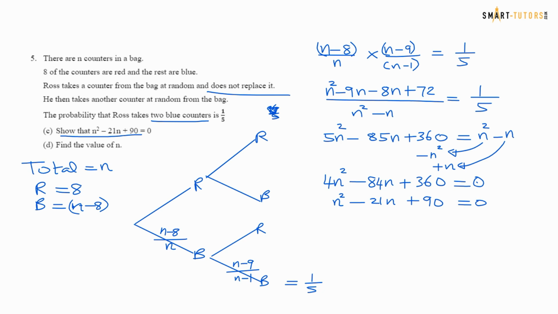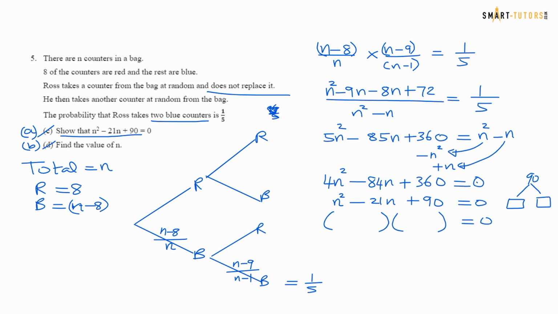That is the answer for the, actually this is a printing mistake, this is the A part and this is going to be the B part. Right. So now n squared minus 21n plus 90, now find the value of n. So you've got to put them into two brackets. What two numbers multiply to give 90 and add to give 21?